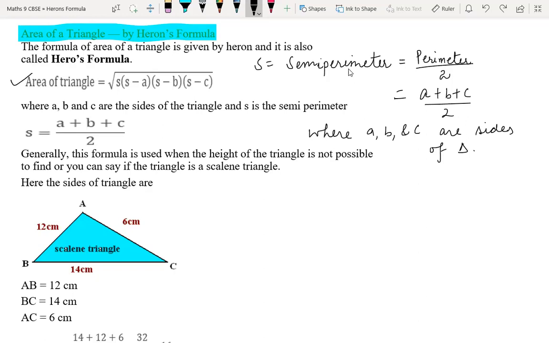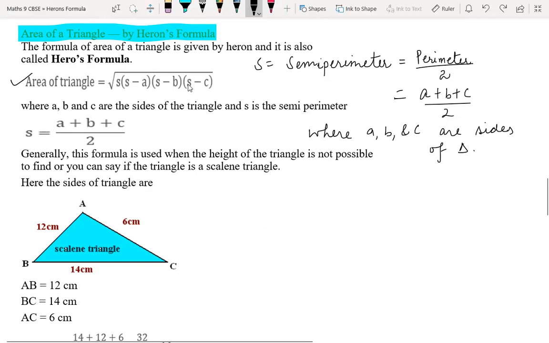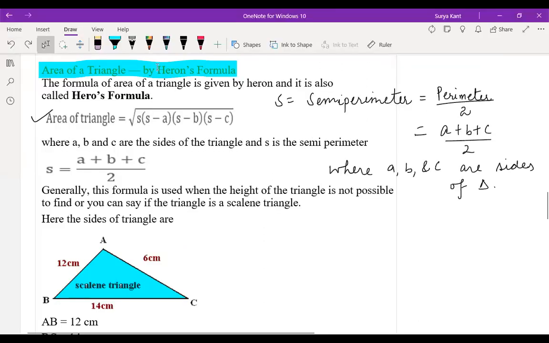So this formula can be applicable for a right angle triangle also, but you should know all the sides. So all of you find the area of this scalene triangle. You know this is the formula, right? All of you find the answer.